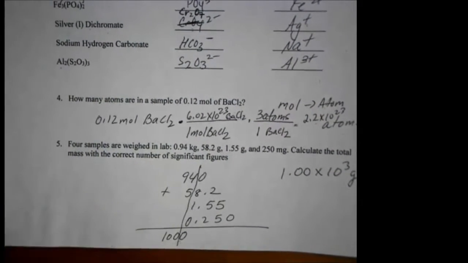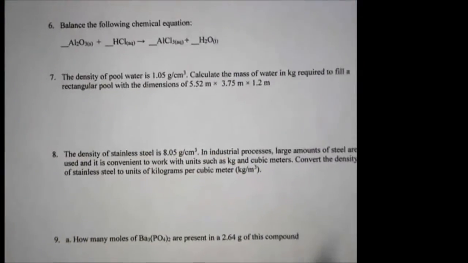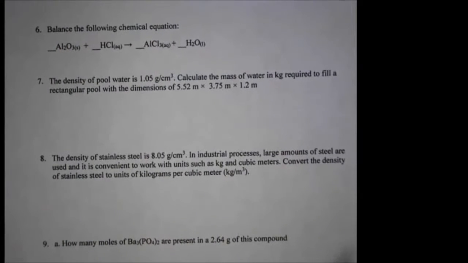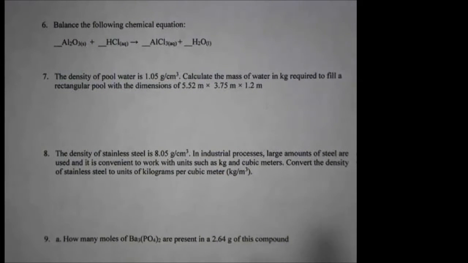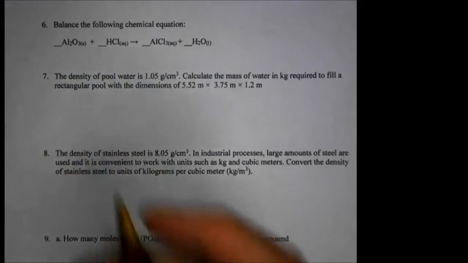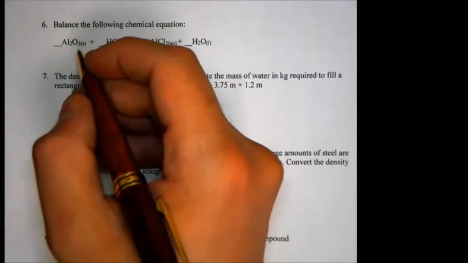Okay, so moving on to the next sheet. We have a balancing the equation problem. As we always do with balancing the equation problems, we want to identify the elements. The first thing you can do is take an inventory of all of your atoms.